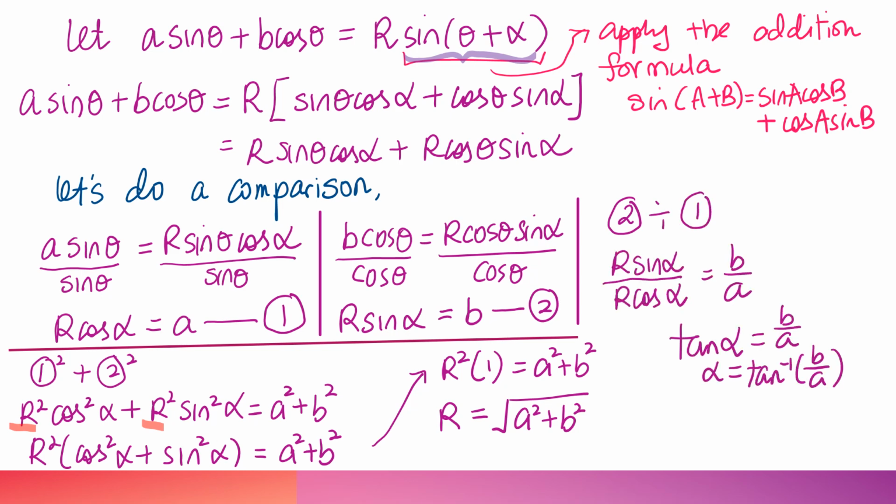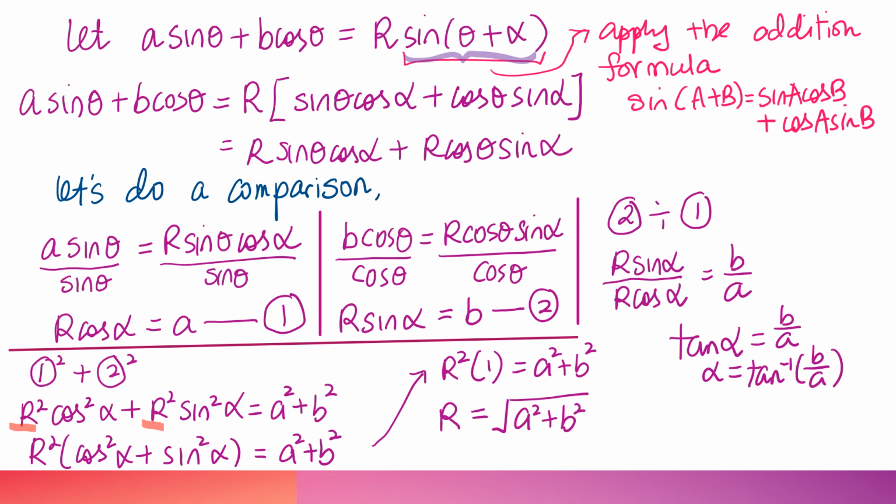Right, so I end up getting tangent alpha equals b over a, and alpha is tangent inverse b over a. So there's something that you have to take note of. R is a positive value. Alpha is also a positive value and an acute angle. And your a and b are positive values as well.